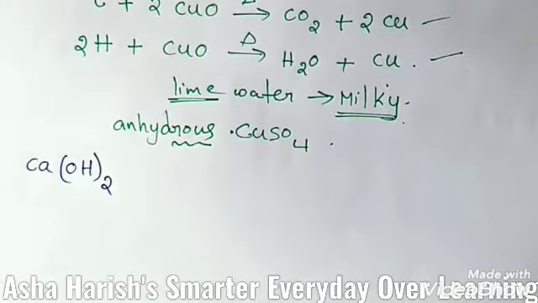And if you take copper sulfate, which is white in color, and add 5 moles of water to this, what you get is CuSO4 and 5H2O, which is blue in color. Why? Because this is a hydrated compound, while the anhydrous copper sulfate has no color, it is completely colorless.